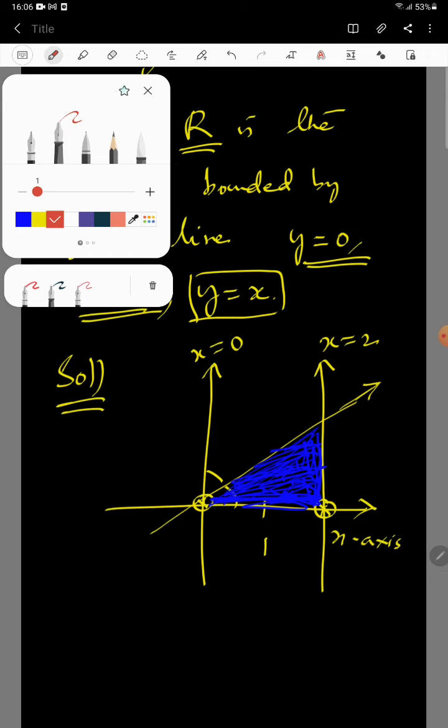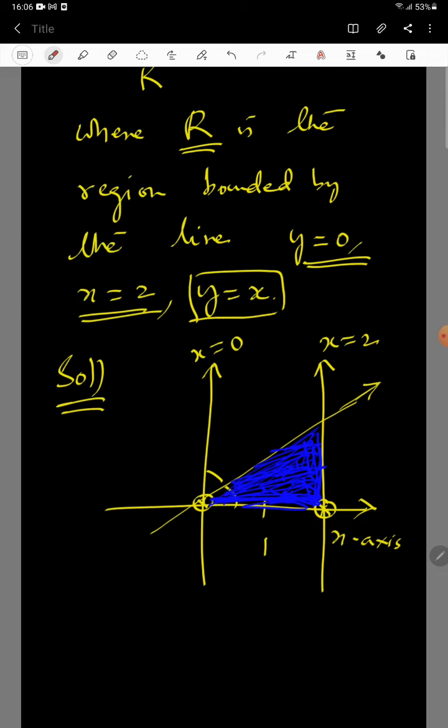Now I will simply take a strip parallel to the y-axis. If you want better understanding, don't draw these two strips, just think of 3 more strips like this parallel to the y-axis, and they all start at 0. So you write that y is starting from 0.